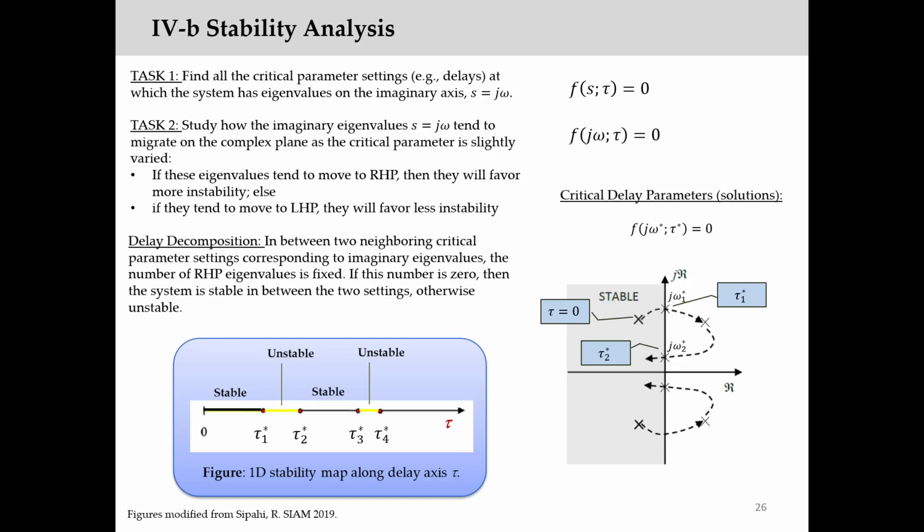And of course, if you have not just one delay, tau, but you have another delay, maybe h, another delay, who knows, gamma, right? If you have multiple delays, then the problem becomes extremely complicated. Nevertheless, the approach is still more or less based on three steps, as we demonstrate here.